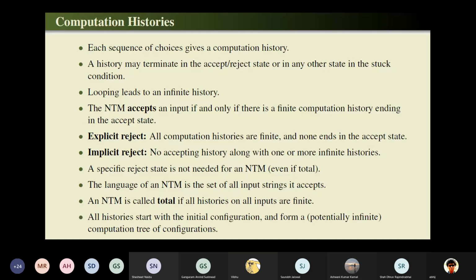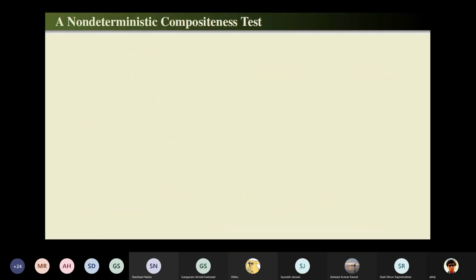And as I mentioned, all histories start with the initial configuration, the start configuration, and depending upon these choices, I have a tree. And that tree may be infinite if there are infinite histories. So here is an example of a non-deterministic Turing machine.